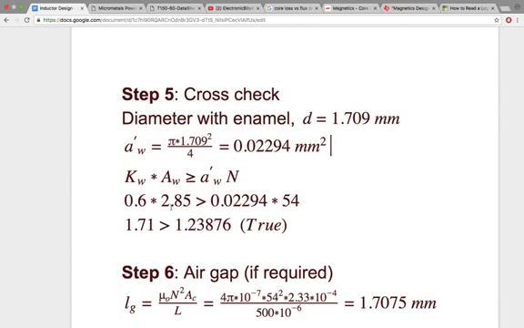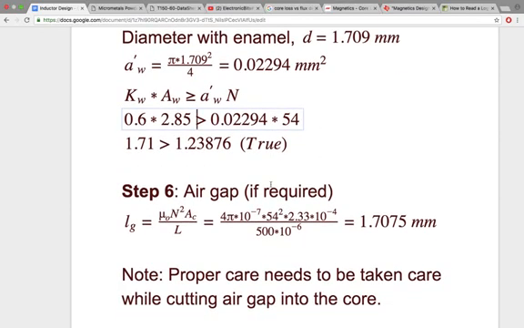Let's say we are going to utilize the window area we got from the data sheet. Then this area we just now computed, 54 number of turns, and we see that this inequality, if you compare this, all things are in mm square.